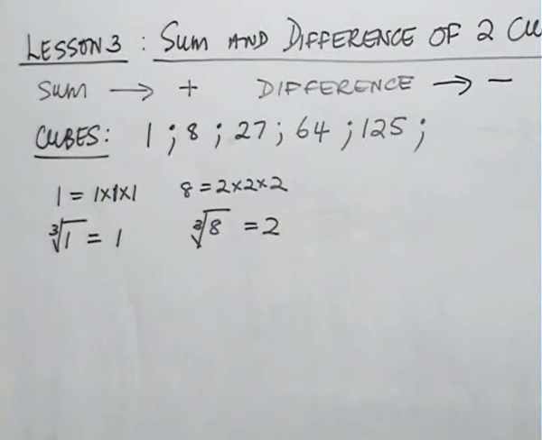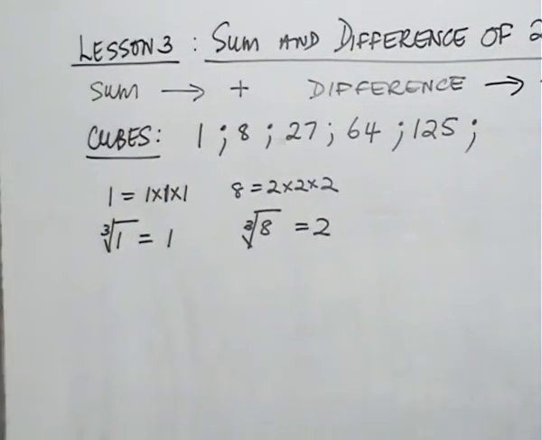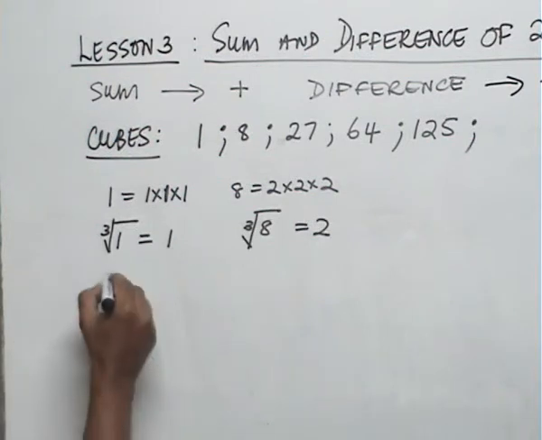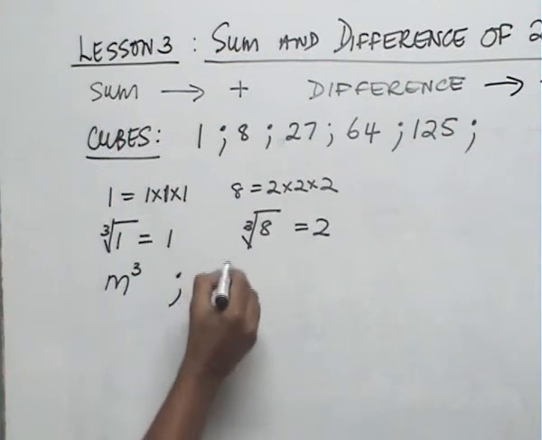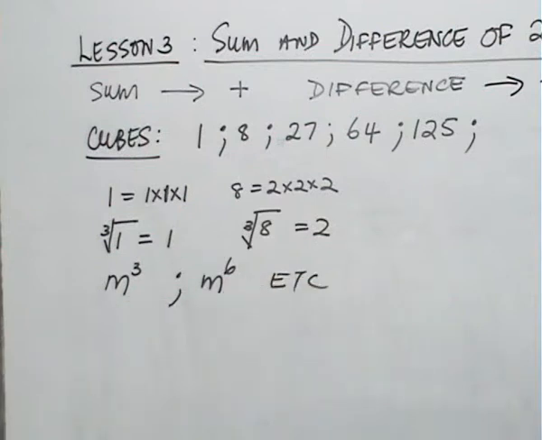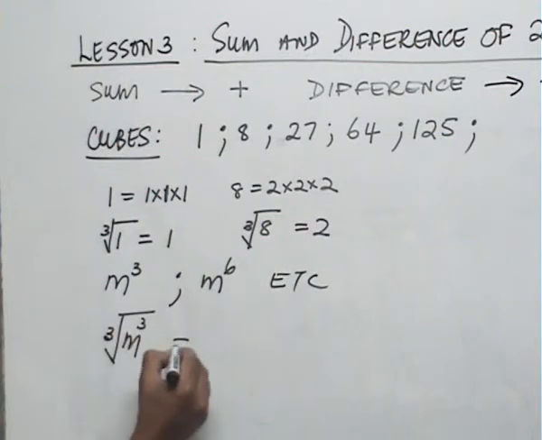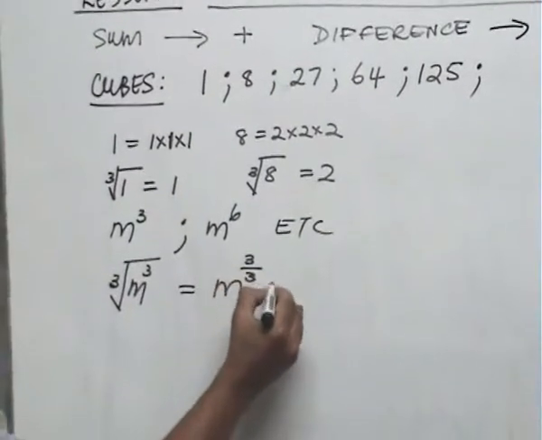Well, you study your scientific calculator and see how you're going to solve that problem. Right. Now, there are other things also. M cubed is a cube, M6 is a cube, etc. So letters can be cubes too. Now if you're finding the cube root of m cubed, then all you do is you take the index 3 and you divide it by 3.